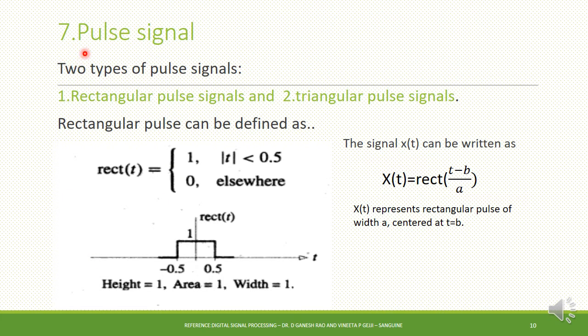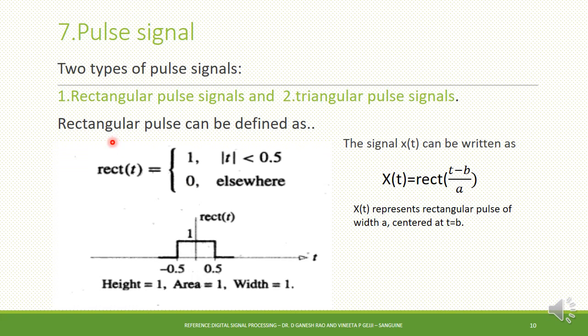And the last one is the pulse signal. There are two types of pulse signals, called the rectangular pulse signal and the triangular pulse signal. The rectangular pulse can be defined as: it is equal to 1 when modulus of t is less than 0.5, and other than this, all the values are 0.